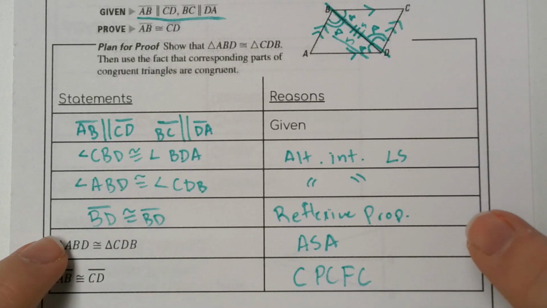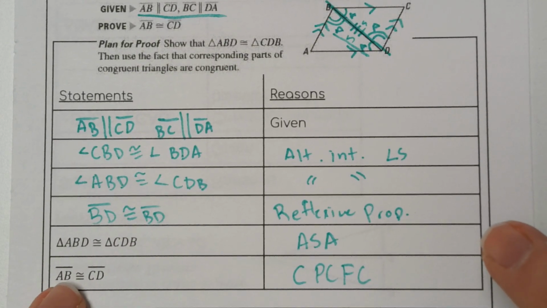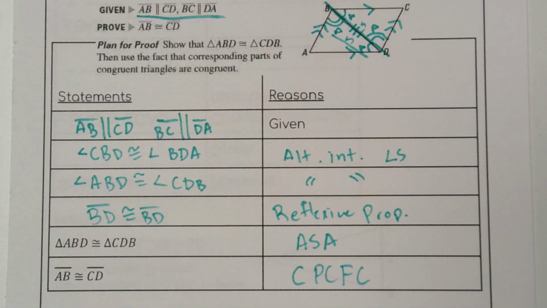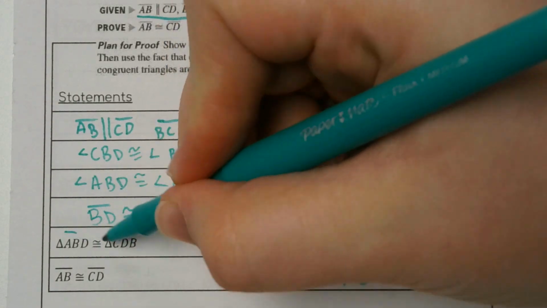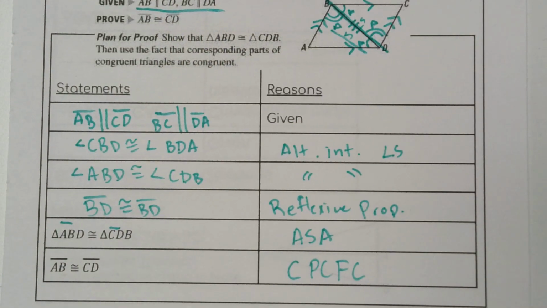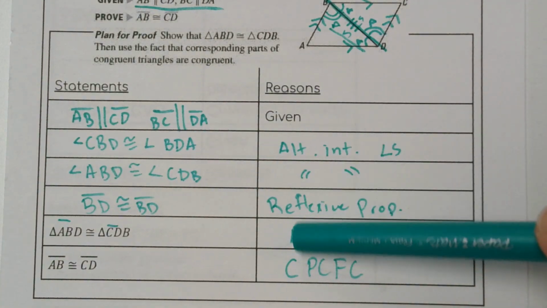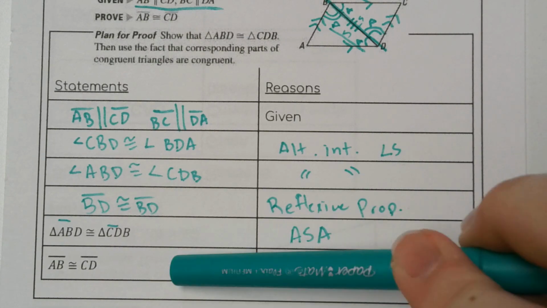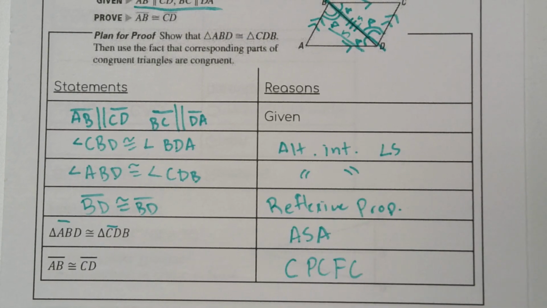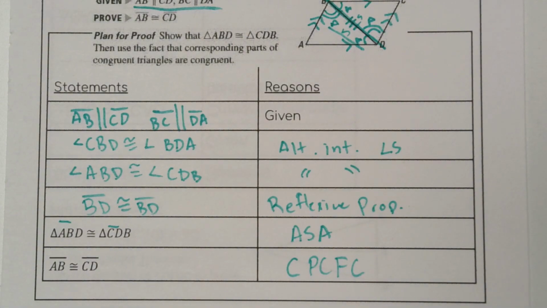So since these are congruent, we can say that the corresponding parts are congruent. AB and CD right there. Okay. So hopefully these look a little bit familiar. And then this is our new section today. Okay, any questions on that?